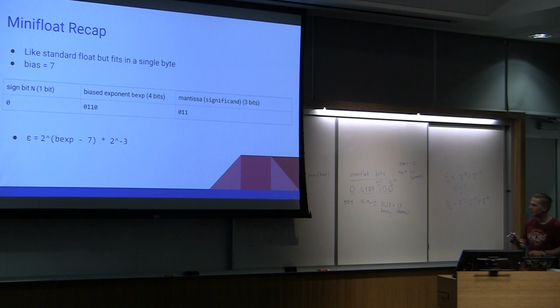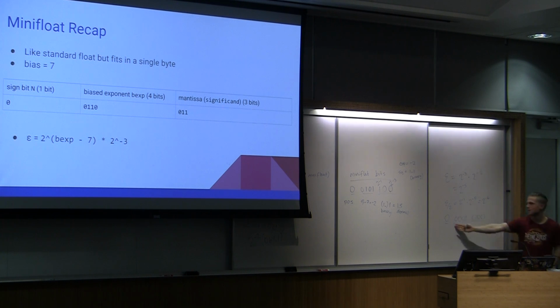So this as a mini float would be positive, so there's a 0 sign bit. Then I take the exponent of negative 6 and add 7, so my exponent bits will be 1. And then the significand, since this is a normal number, we already have the implied leading 1, so we don't want anything else. The significand is just going to be all zeros. So this is how you'd write epsilon over 2 here as a new mini float.